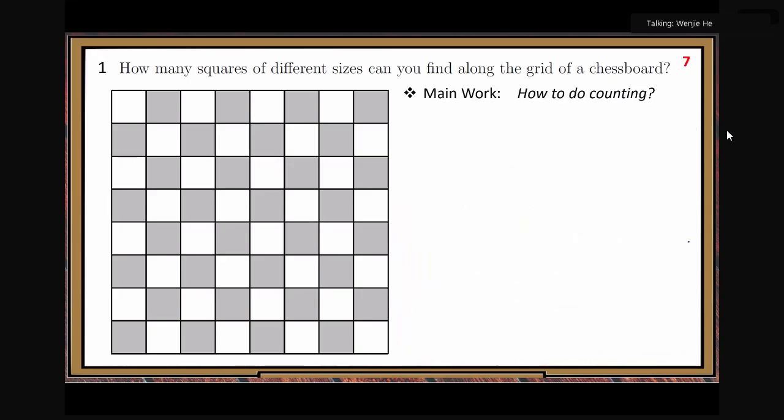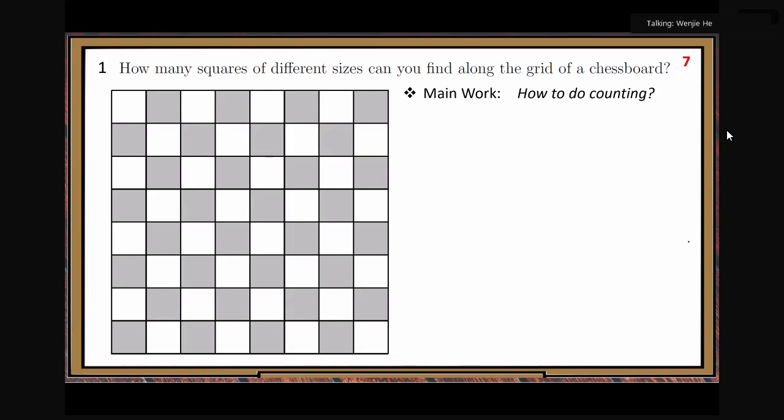The main work here is that we need to do the counting. What we have been doing so far is the understanding part, right? You can see we spent so much time. That's useful.